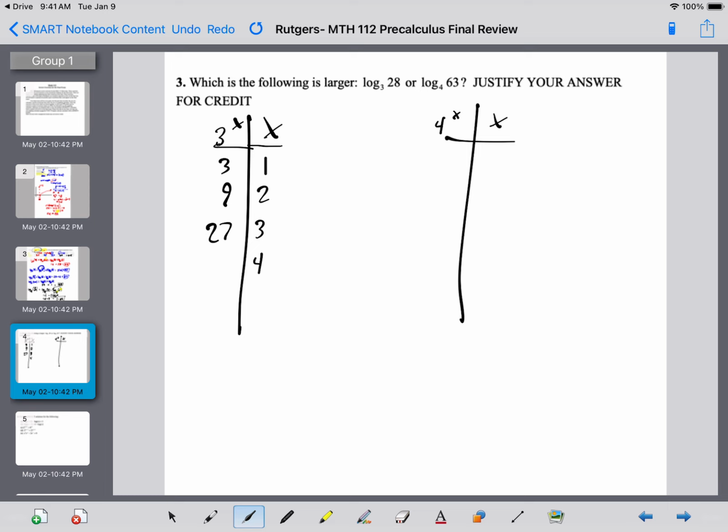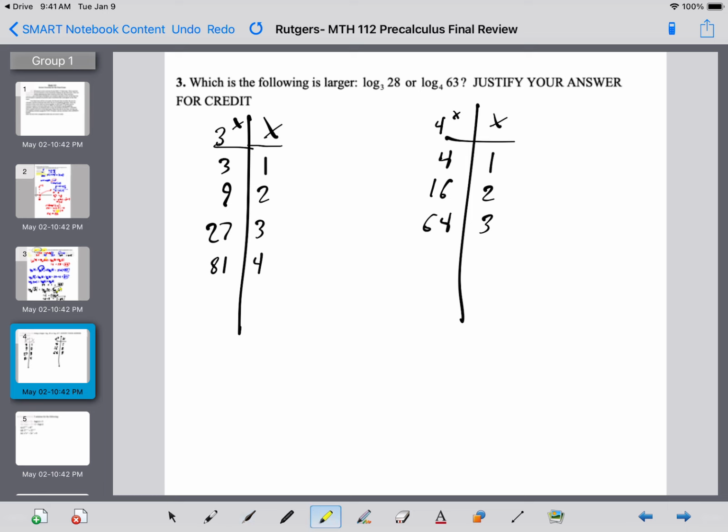For 4, 3 to the fourth is 81. Now for 4 to the 1 is 4. 4 to the second is 16. 4 to the third is 64.